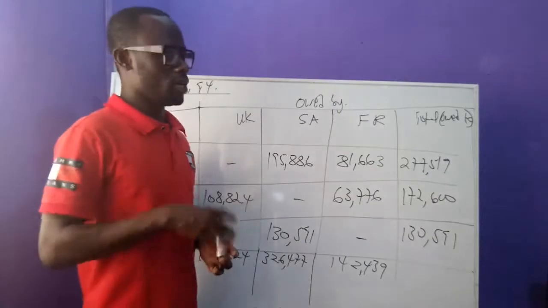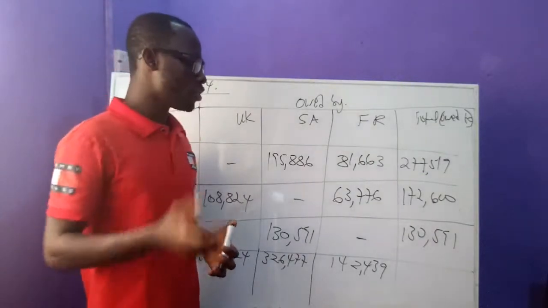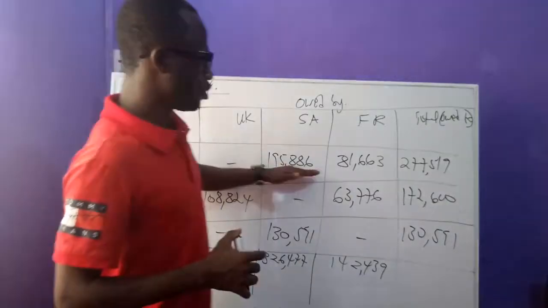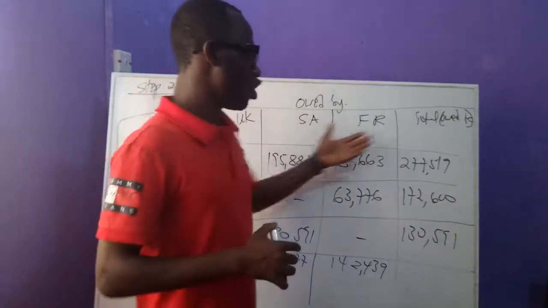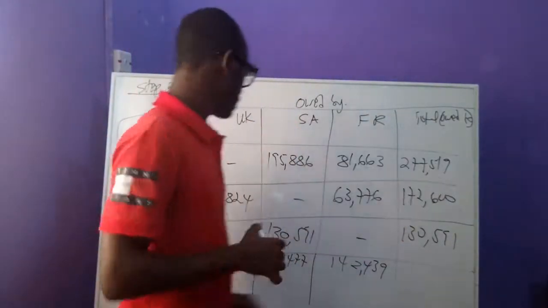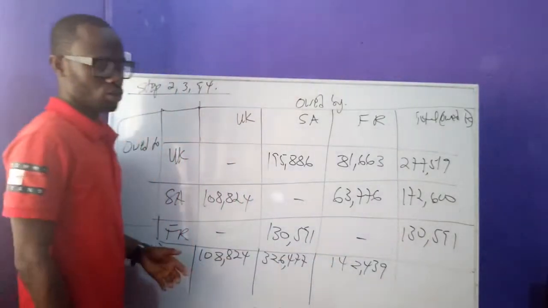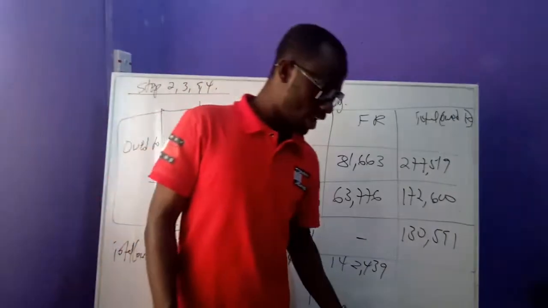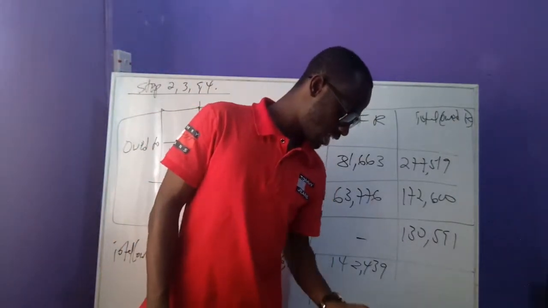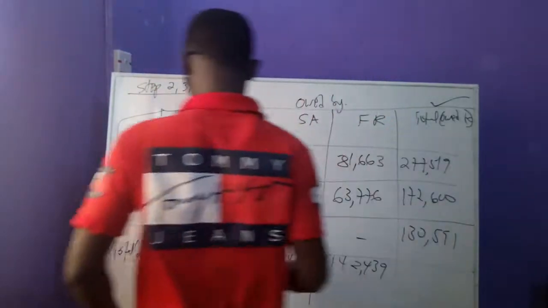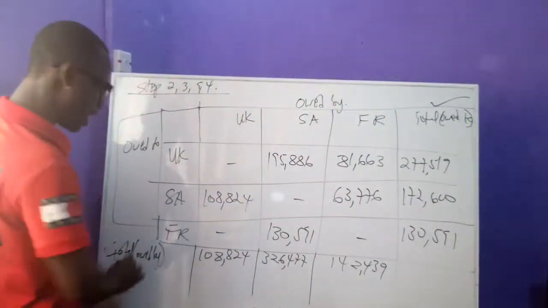So what are we doing here? You realize that in total, the total amount owed to is this. The total amount owed by is also this. So then we come to the fifth step, which is net off the balances. We're going to net off these balances against these balances.